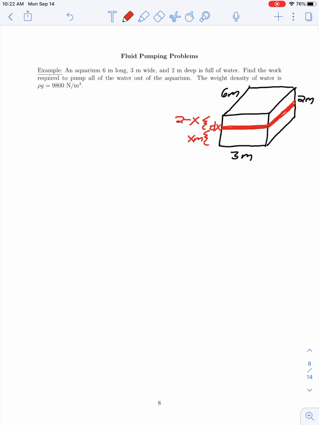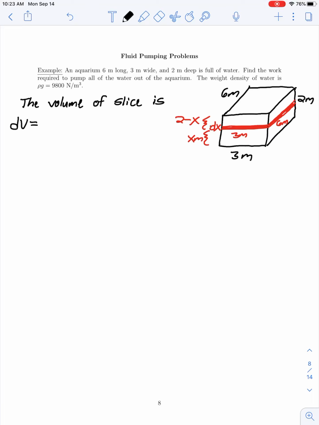We can see from our illustration that our slice of liquid is a little rectangular prism, 6 meters long, the same as the length of our tank, 3 meters wide, the same as the width of our tank, and dx meters in thickness. So let's find the volume of our slice. We'll say the volume of our slice is what I would call dV, a differential of the total volume of fluid in our tank.